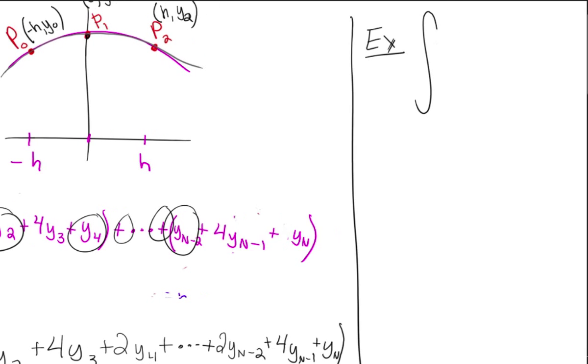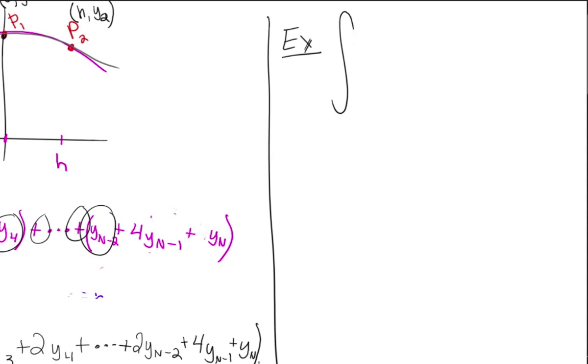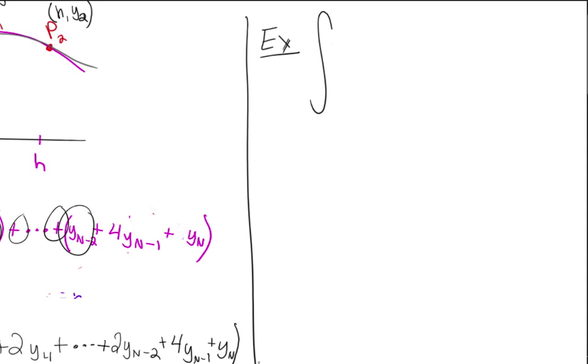So give me a function that we can't integrate. An example. Sin x over x. There you go. That's a good one. Where do you guys want to integrate it from and to? 1 to 5. Let's do pi over 2. Yeah, let's do it in terms of pi.